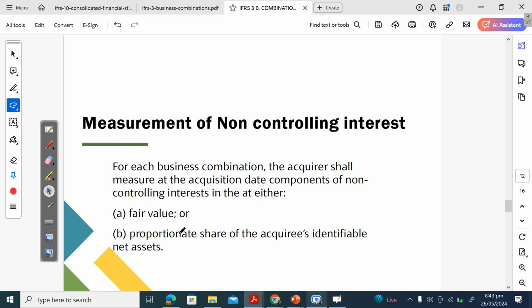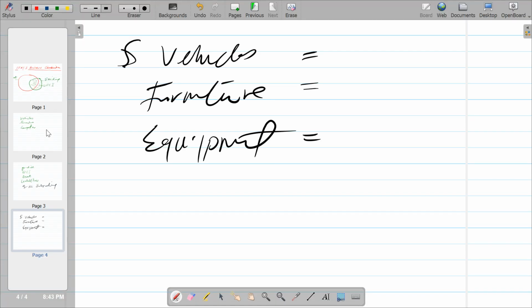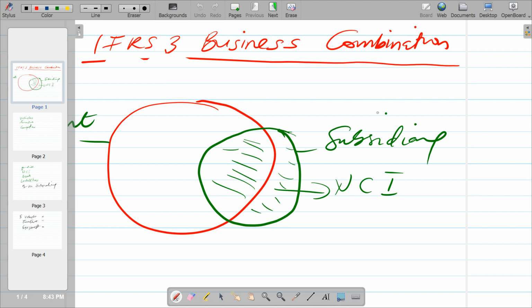Okay, let's continue. Let's look at the measurements of non-controlling interest. The non-controlling interests are the other shareholders. How do we determine their value? The standard says that we can use the fair value method. We can determine their fair value, or we can find their proportionate share of their interest in the subsidiary.